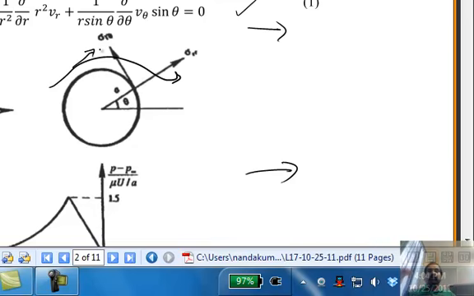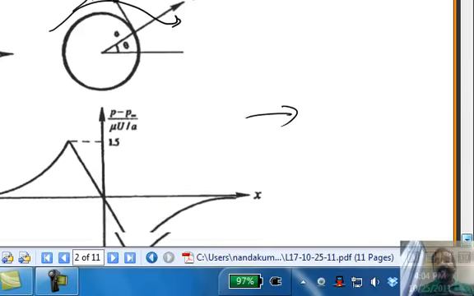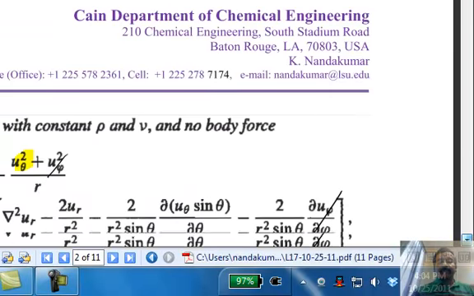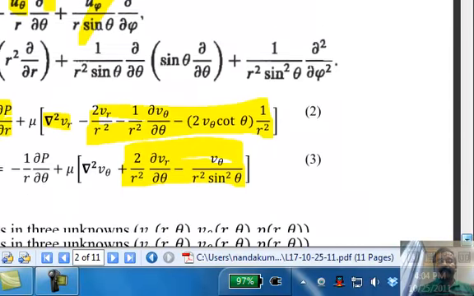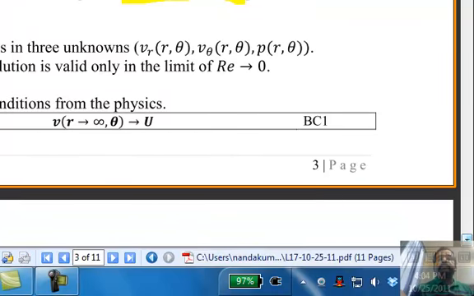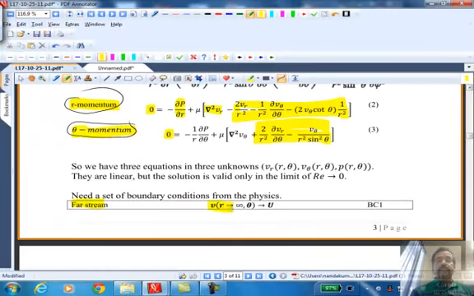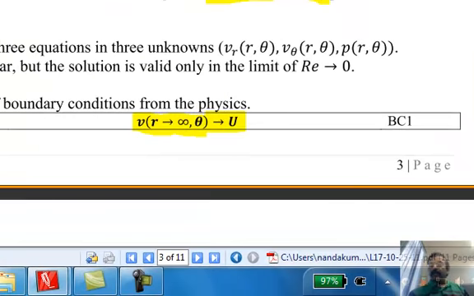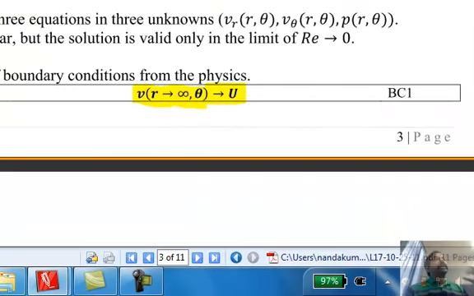But as you go far away, the velocity field will always be pointing in the mainstream direction, u. And so you just need to state that mathematically, which says that v as r goes to infinity asymptotically for any angle theta going around the particle is u. Okay? That again, boundary conditions come from understanding the description of the problem.